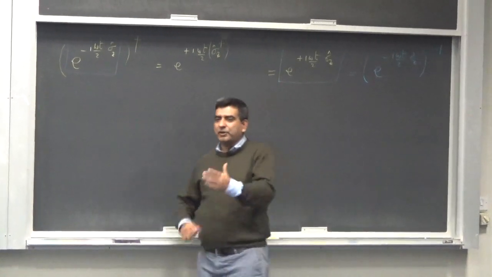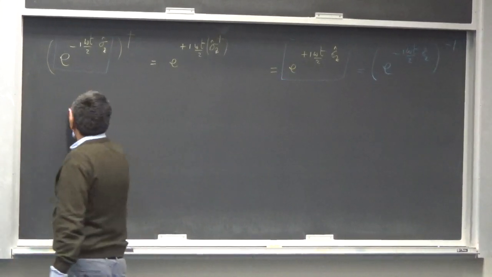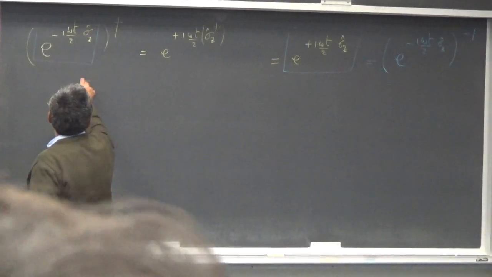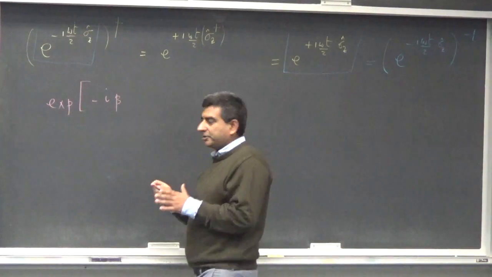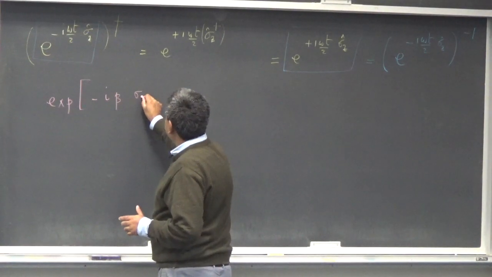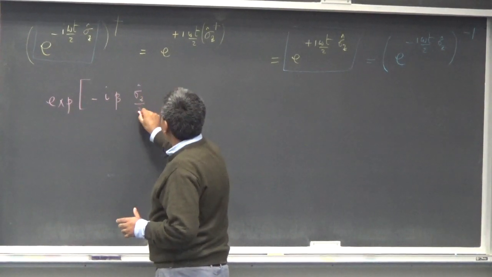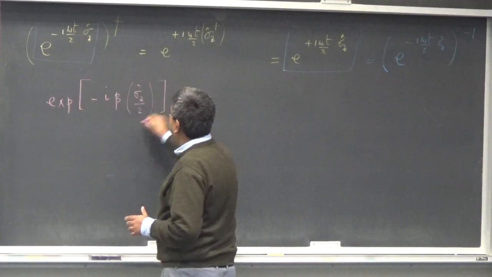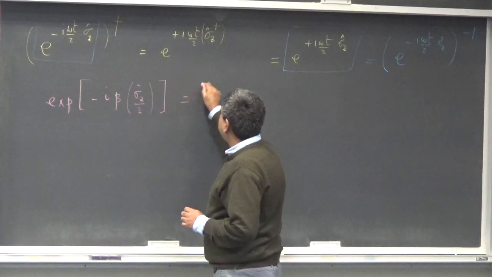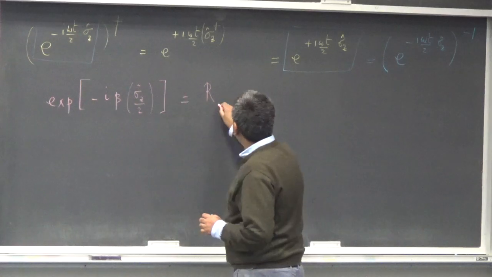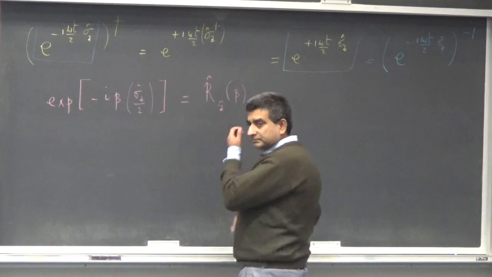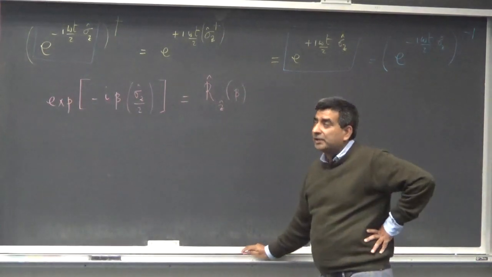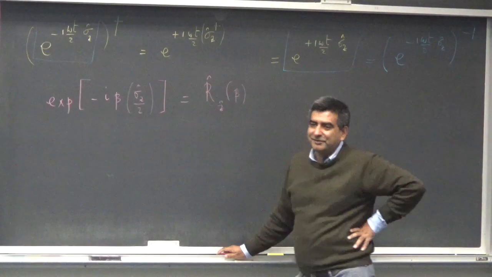Our definition for a rotation operator is exponent of minus i beta, the amount of rotation, with some Pauli operator divided by 2, right? This is what is meant by a rotation about the z-axis through an angle beta. So this is also a rotation operator.